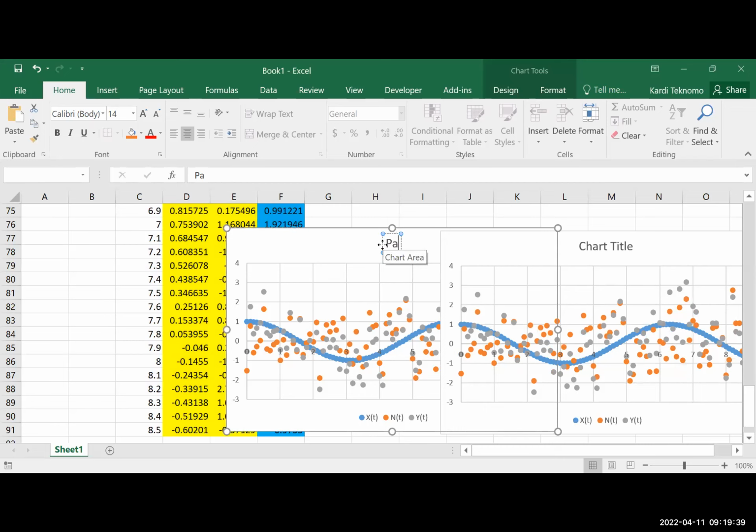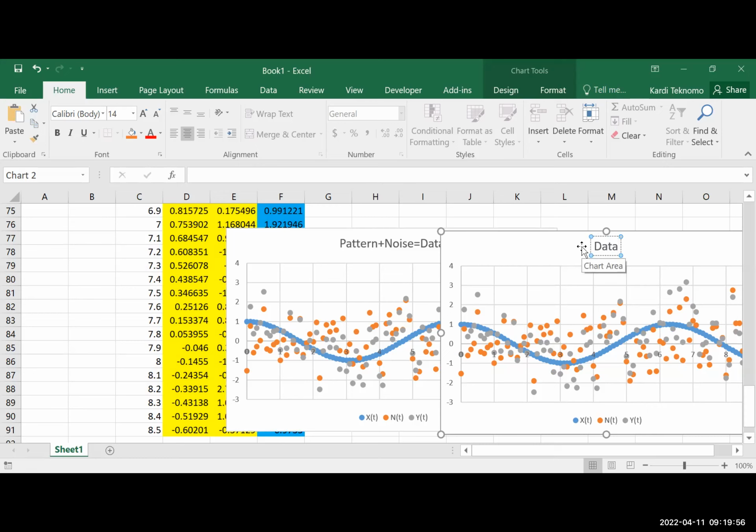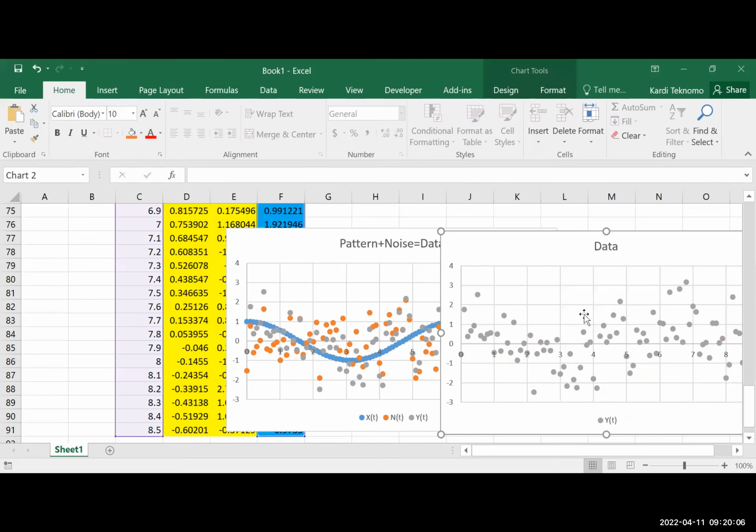So with pattern, plus noise equal data, right? Now in here, I will only get my data without the pattern. So I will delete this pattern, and I will also delete this noise.